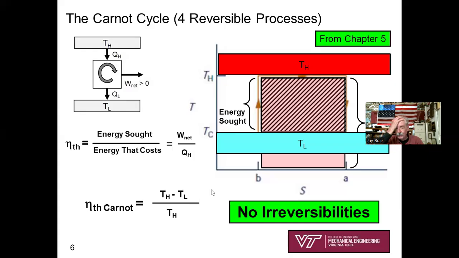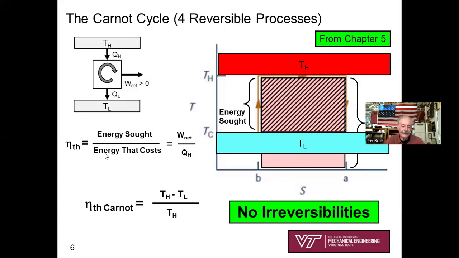Remember one thing about the Carnot cycle thermal efficiency: we could visualize it on the TS diagram as the area within the rectangle divided by the big area from TH part of the rectangle all the way down to absolute zero. So we've got a vision of what the thermal efficiency for the Carnot cycle, the maximum possible thermal efficiency, is.